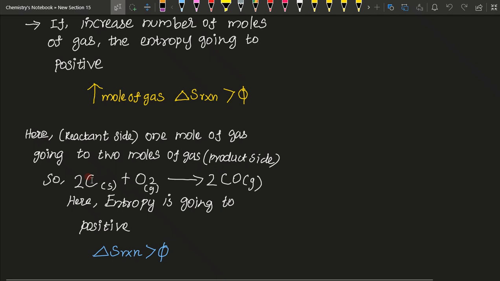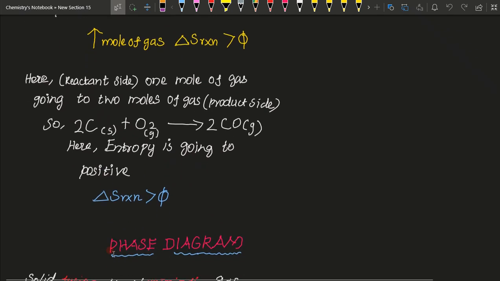This is 1 mole of carbon, and this side is 2 moles of carbon monoxide. Here entropy is going to be positive, so delta S for the reaction is positive.